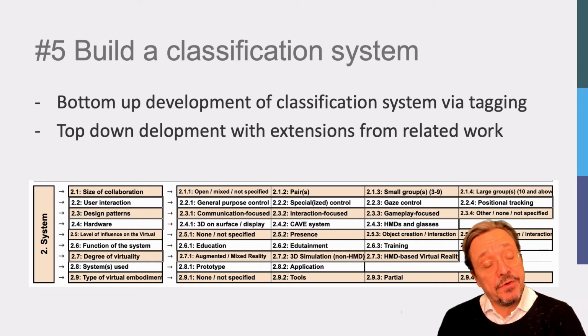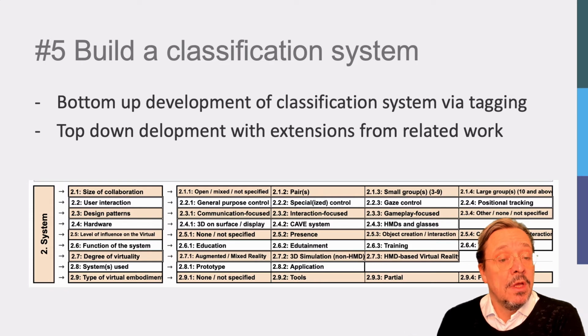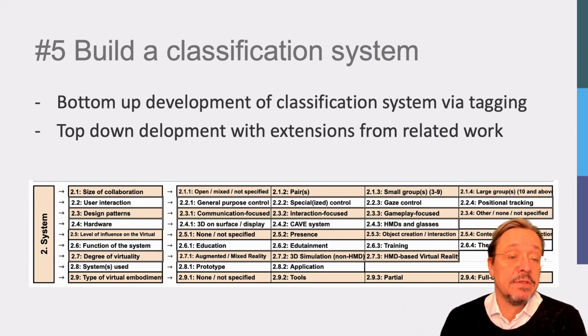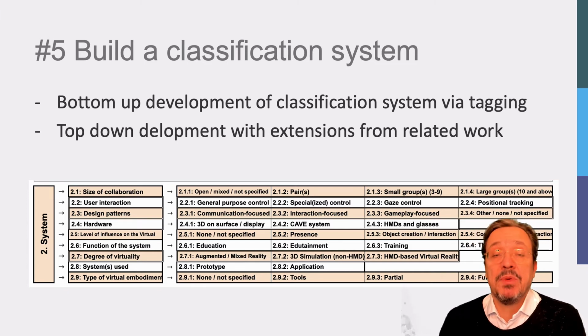And you can see, for example, in the hardware section, he identifies different types of technologies like 3D on a surface, a cave system, or head-mounted displays. While reading through your articles, you of course can extend this taxonomy if you come across a new kind of category or value for a category.